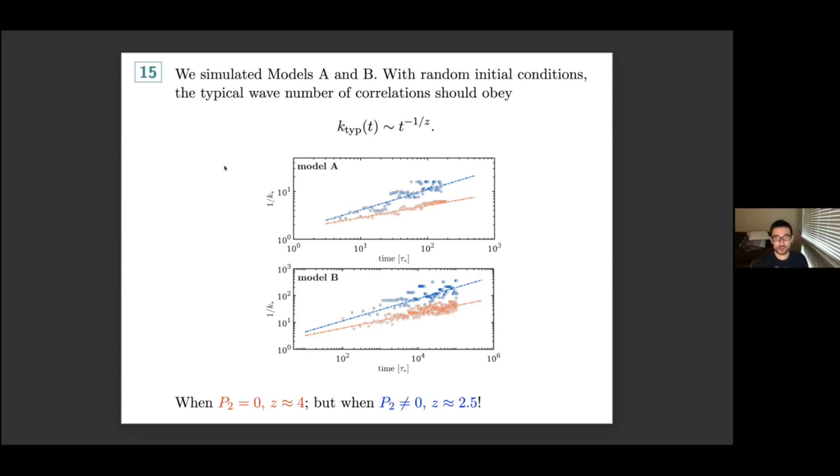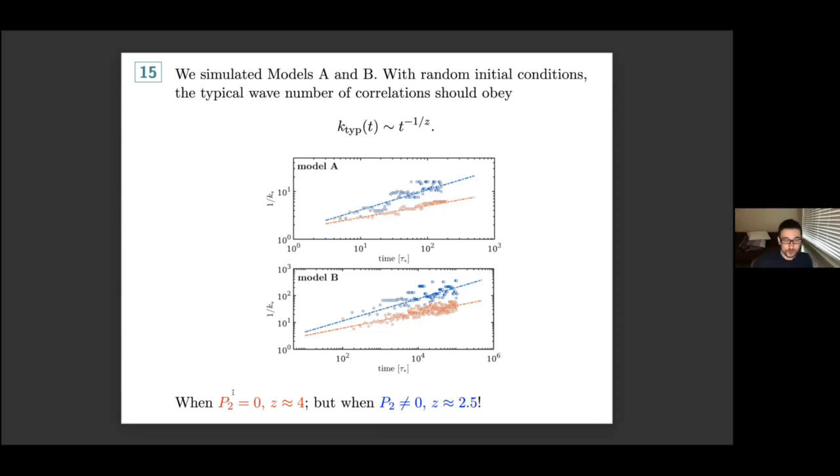And so we simulated both of our models, once with a pressure term that had a cubic nonlinearity and once with a pressure term with no cubic nonlinearity. These models roughly correspond to setting this most relevant nonlinearity P2 to be 0, that's in red, or not 0, that's in blue. Not 0 has the cubic term in V. If we look at the scaling of this typical wave number, we see that it's pretty substantially different whether or not we have this cubic nonlinearity.